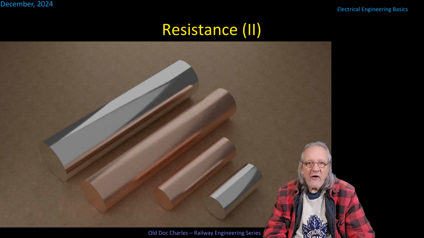But the one thing they all have in common is they all have the exact same resistance. So the resistance of a material really is the resistivity times the length divided by the cross-sectional area. And that's what gives you the resistance in ohms of a particular sample.